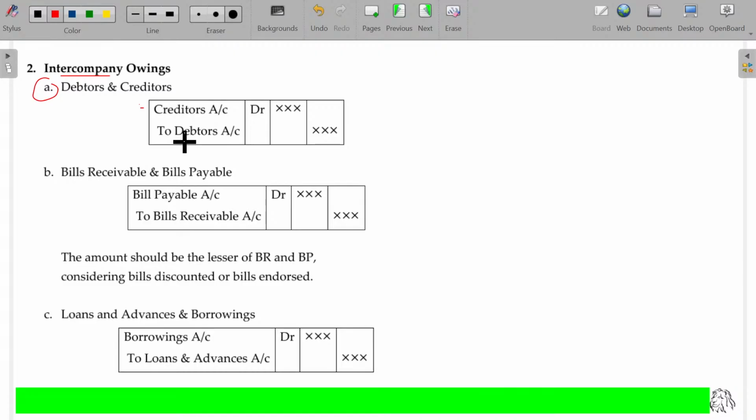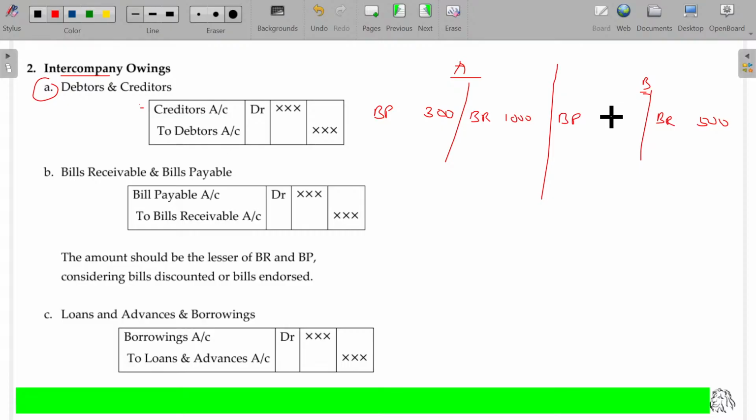Intercompany owings not necessarily only because of the debtors and creditors, it may be BR and BP, as well as any loans and advances. For example, the balance sheet of A as well as B. Clear. So, A says my BR being 1000 and here also there is a BR being 500 rupees, and bills payable. For A it may be 300 and for B bills payable being 250.